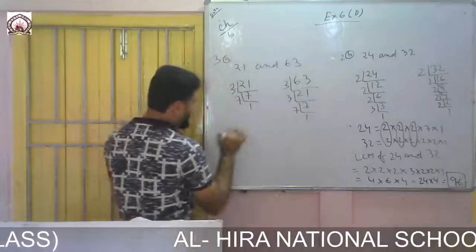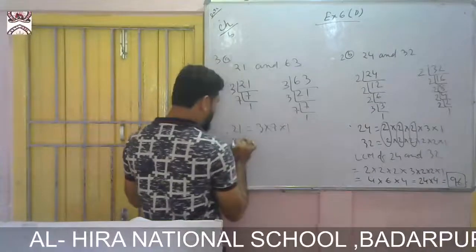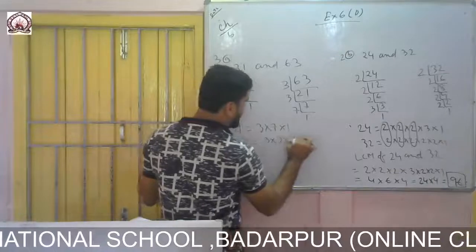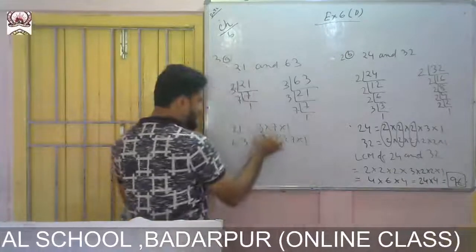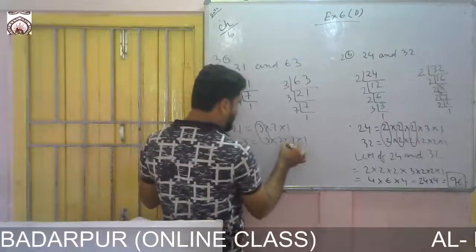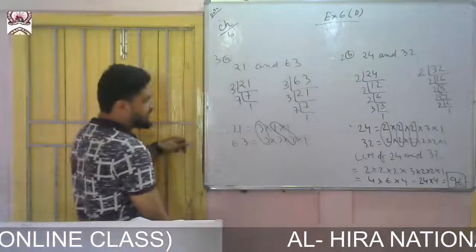Therefore 21 equals 3 into 7 into 1 and 63 equals 3 into 3 into 7 into 1. So here the common is this 3, then this 7 we can take, then 1.